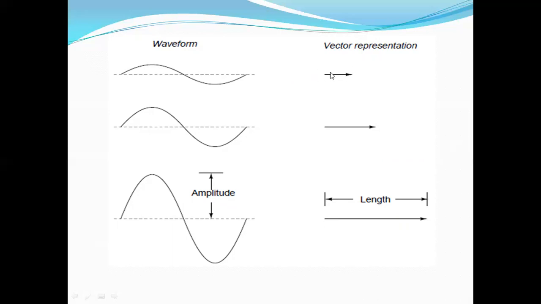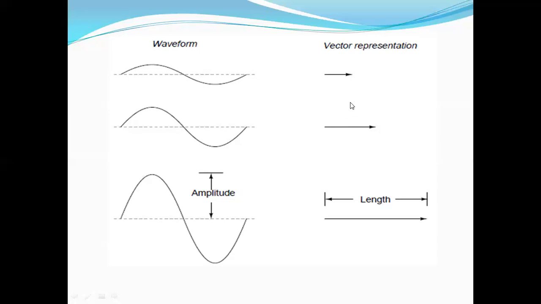So this is the vector representation of the first waveform, with its direction. All the waveforms have the same direction, along the x-axis, meaning they are making 0 degrees with the x-axis. That's why the phase angle is 0 degrees, and its length indicates the magnitude or the amplitude of that waveform.